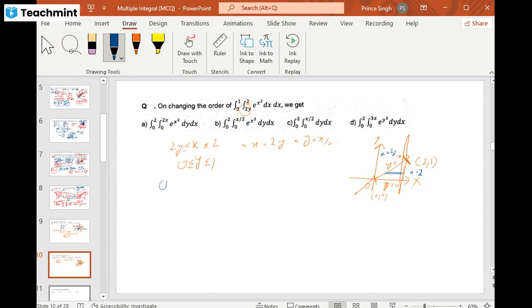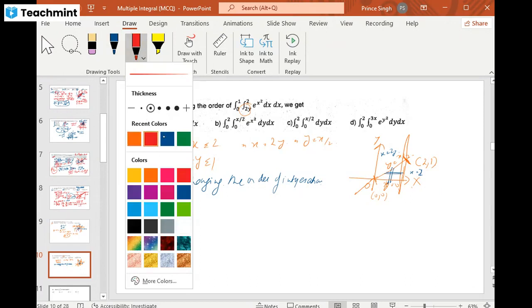So on changing the order of integration, instead of moving horizontally first, we need to move vertically first.